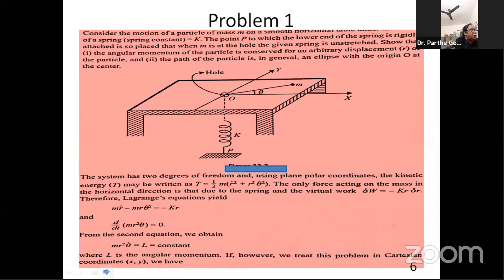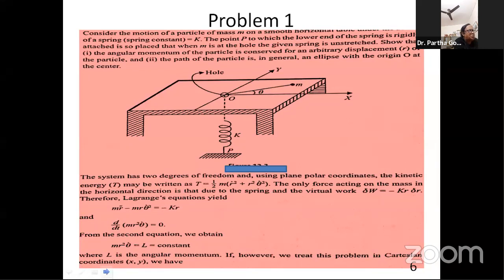Therefore, applying equation 8, the Euler-Lagrange equation, which is simple differentiation, you get two equations which I have written down: m r̈ minus m r θ̇² equals minus k r, and d/dt of m r² θ̇ equals 0.